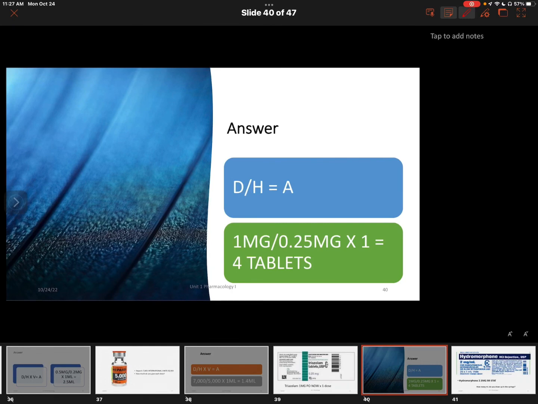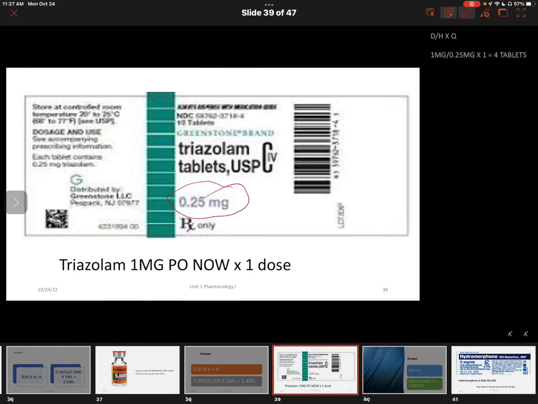If you don't use the multiplier times 1, the problem still comes out the exact same answer. This current book that you have just has us skipping that step, which is fine. So we would give 4 tablets of the 0.25 milligrams to equal 1 milligram dose.